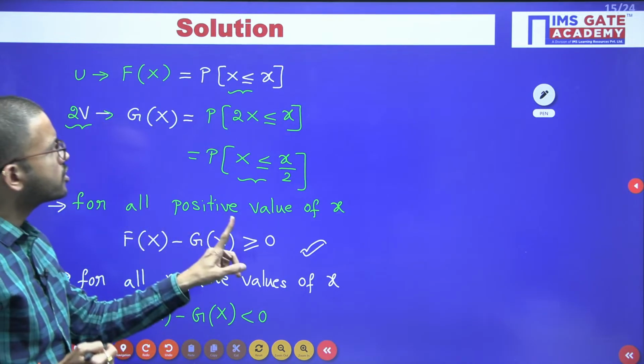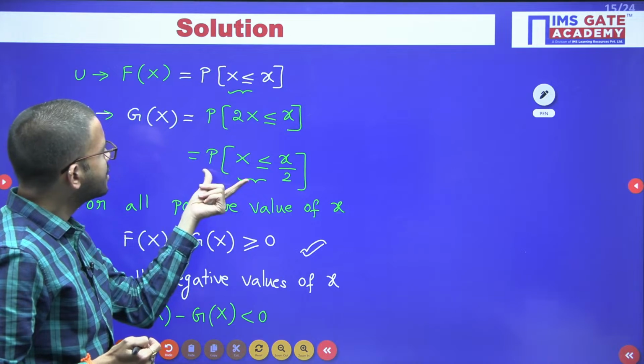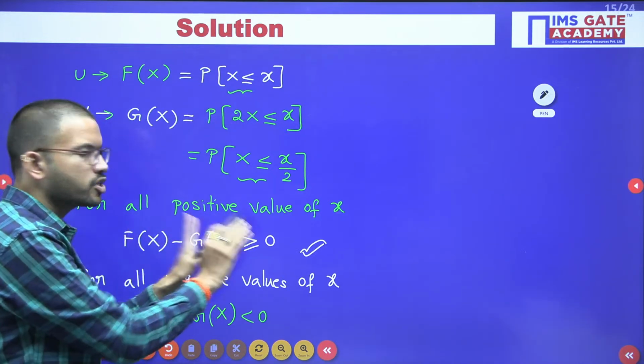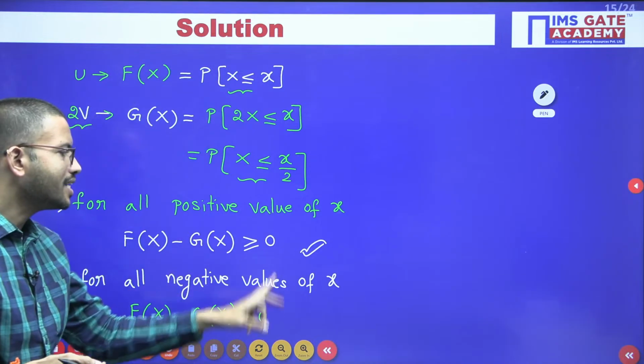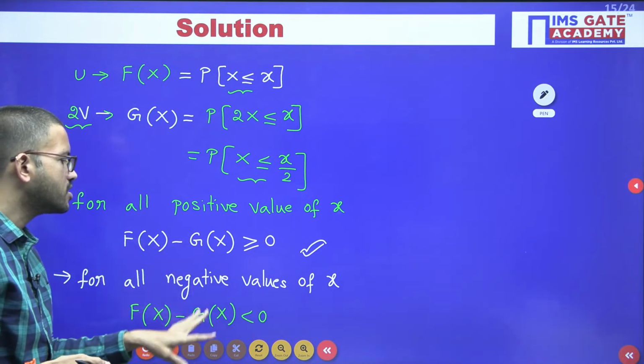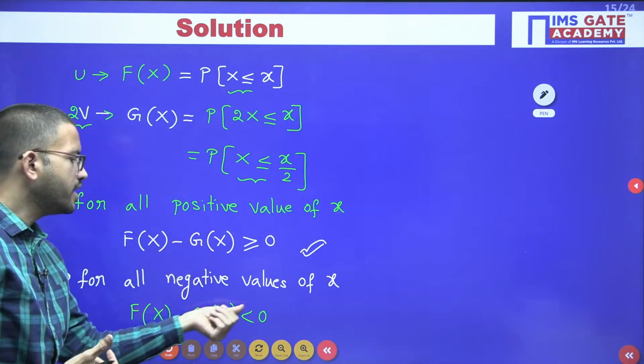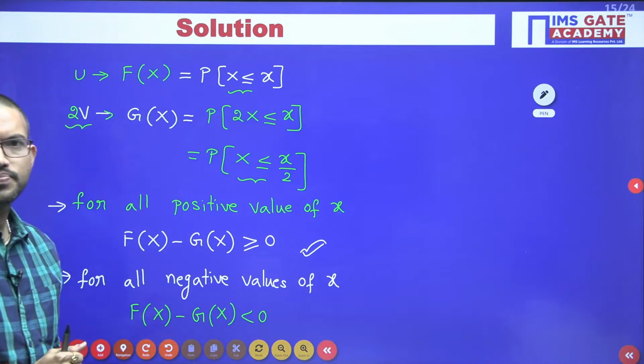For all the positive values, this is small when compared to this one, so you get a positive value. The moment you consider negative values, the resultant value is negative. That means we can say simply less than 0.